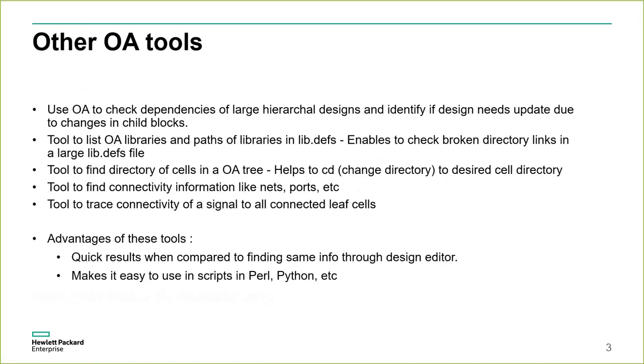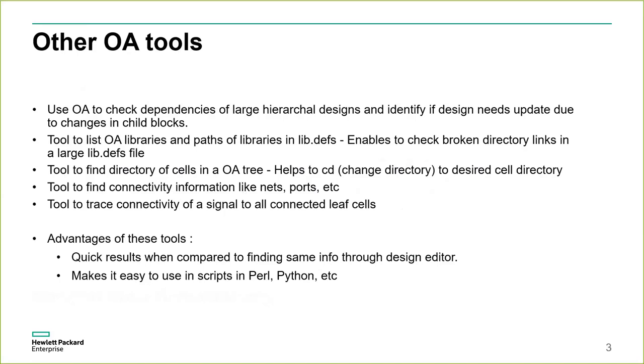It's very useful when you're setting up new work areas, when you're copying design from work areas to a local disk, or you're changing symlinks on disks when you have moved a design to another disk. And another useful tool we have is to find the directory of the cells in the OpenAccess tree, and this helps us to change directories quickly to those cells, and it's found to be useful for us.